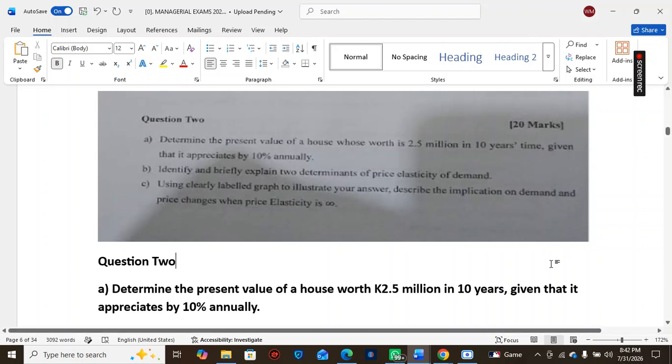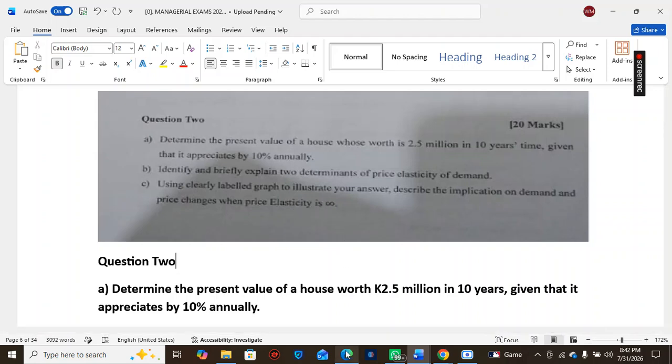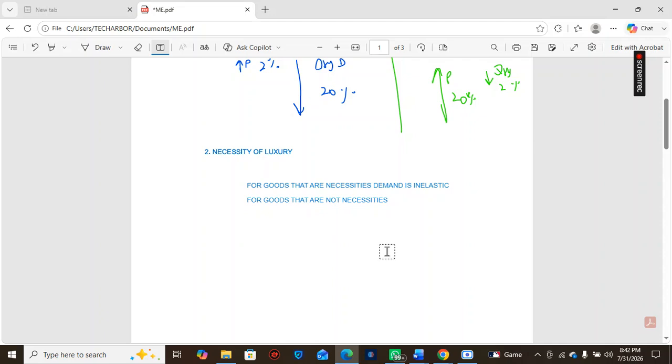Yes. Part C. Using a clearly labeled graph to illustrate your answer, describe the implication on demand and price changes when price elasticity is infinite.